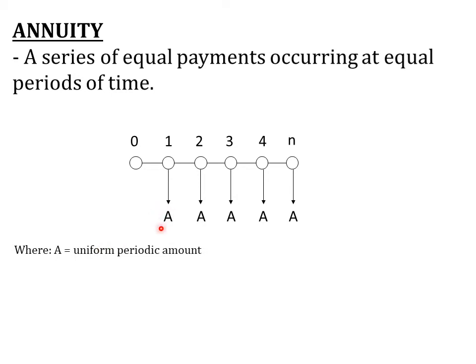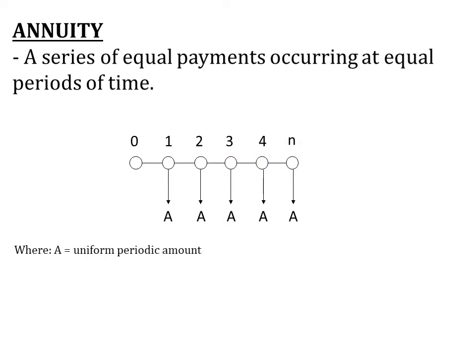This is an amount, whether it's a payment or a deposit. It's a uniform amount and is also periodic, meaning it will occur at equal lengths of time. For example, in the first period you have an amount A, then in the second period an amount A, third period amount A, and so on and so forth.